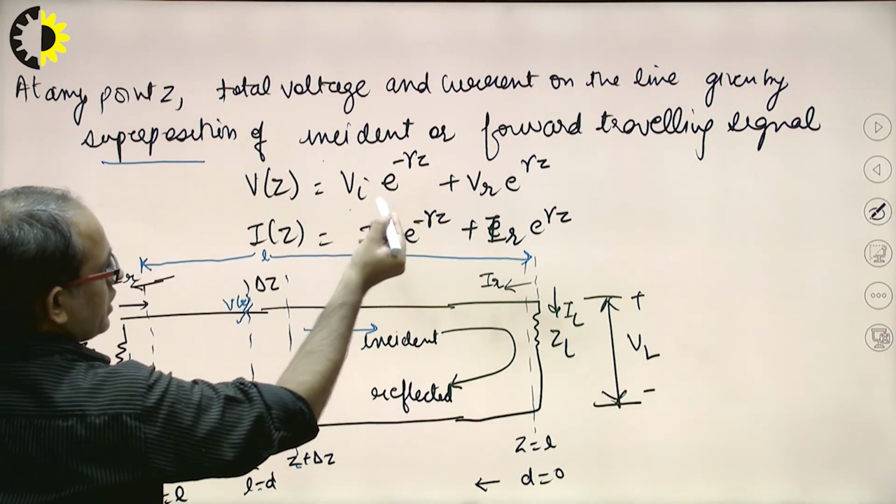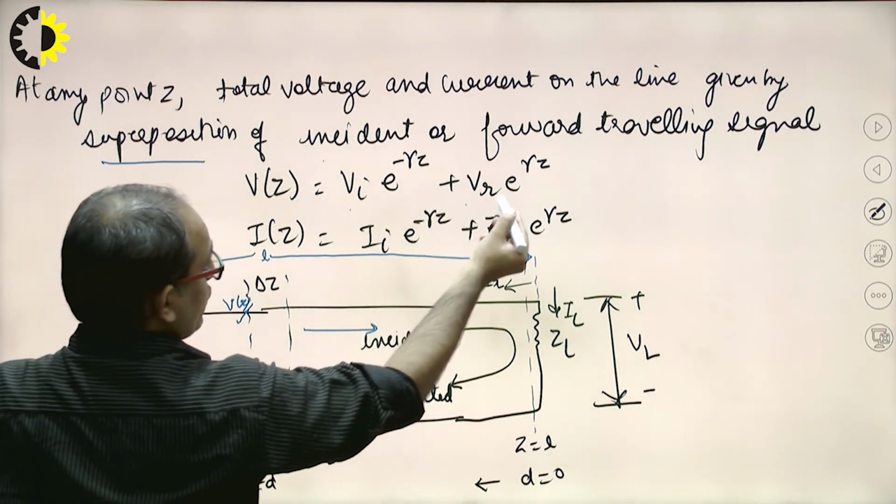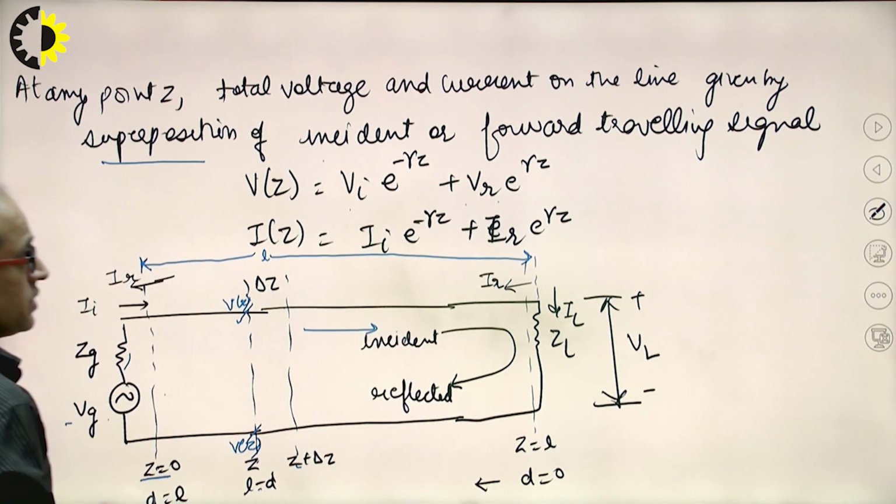And V of Z will be V of I e to the power minus gamma Z plus V of R e to the power gamma Z. What is gamma?